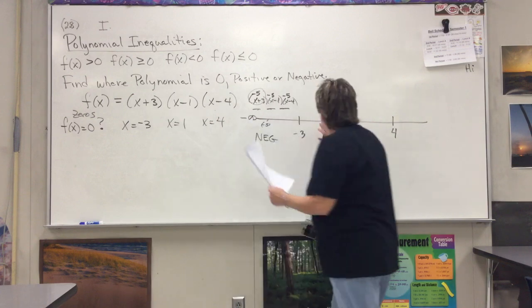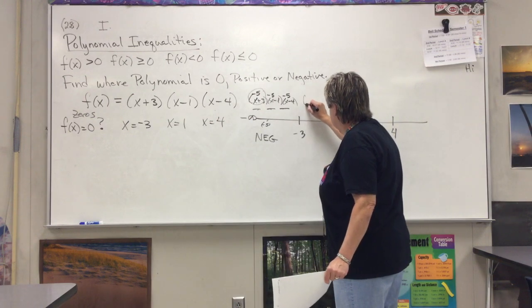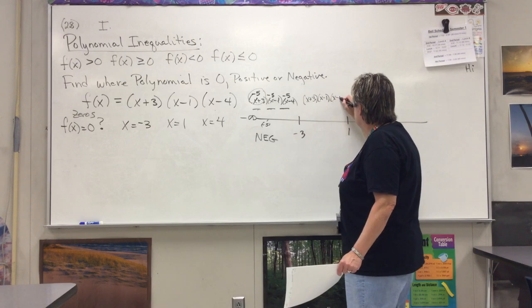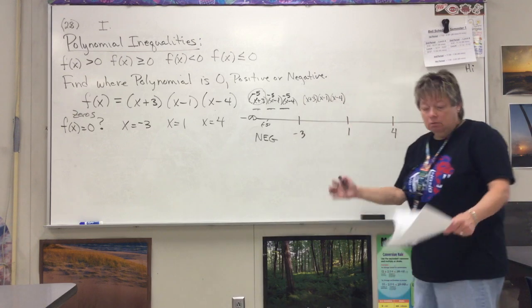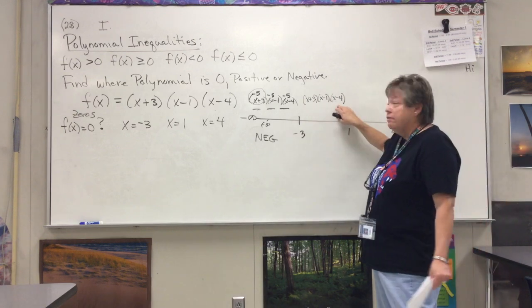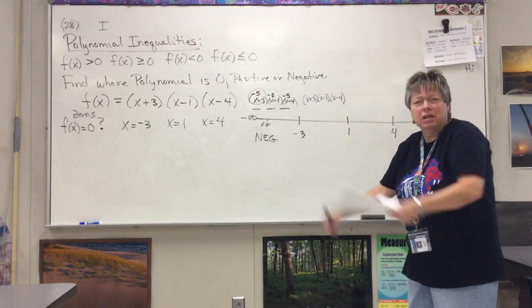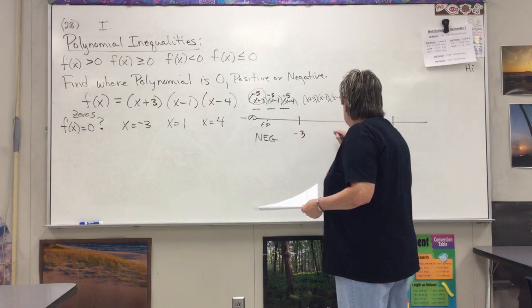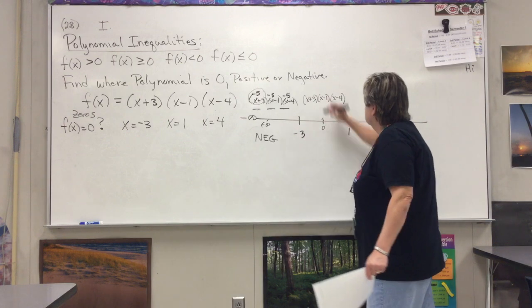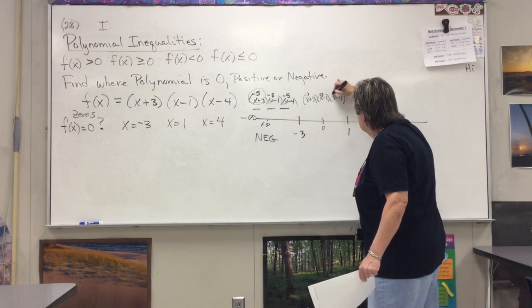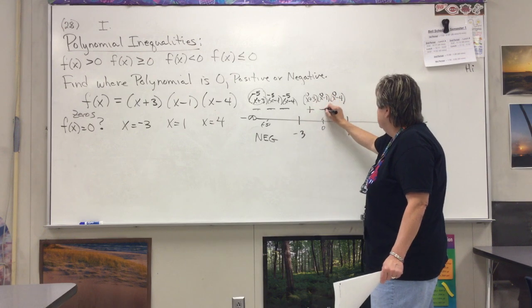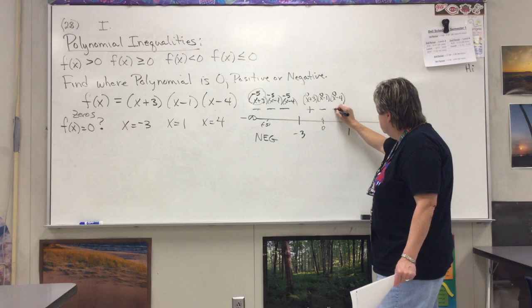Okay, so let's go in the middle here. So x plus 3, x minus 1, x minus 4. And there's no law that says you have to write these every time. I'm doing it because I'm trying to show you your first time and it's your notes. Okay, so from negative 3 to 1, how about a 0? Okay, 0 can be our friend. So 0 plus 3 is positive, 0 minus 1 is negative, 0 minus 4 is negative.